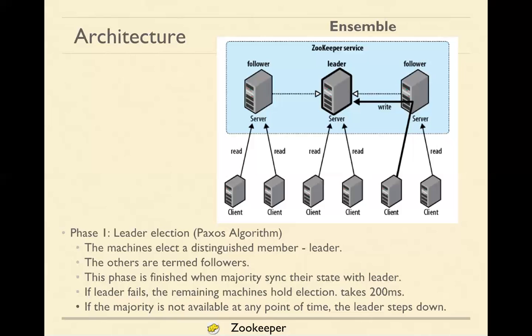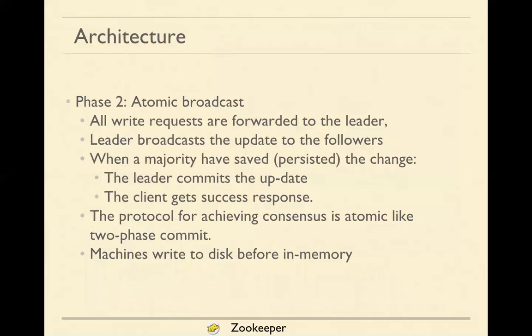Now, one more thing: all the modification requests are forwarded to the leader. The leader broadcasts the updates to the followers. So any modification people want to do, their request will be redirected to the leader.